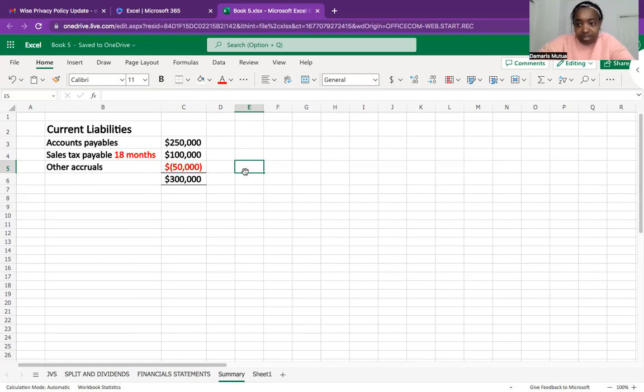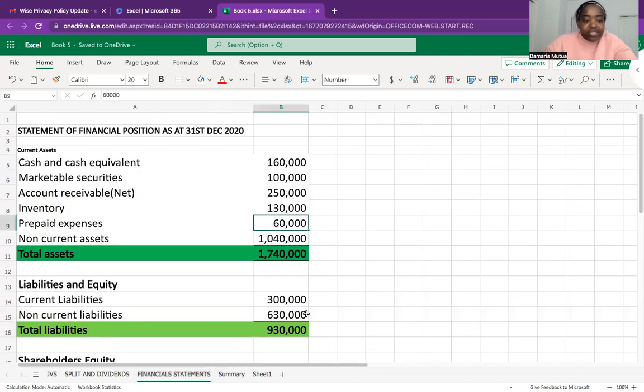This needs to be classified under long-term liabilities. So those are some of the mistakes that I've come across as I practice. So you need to go into details and get to know the makeup of each and every line in your balance sheet.